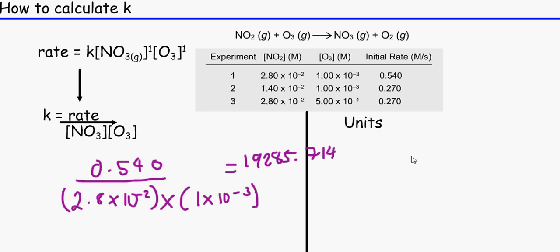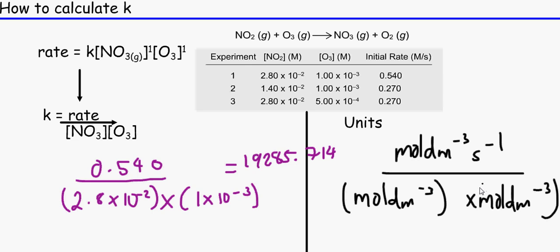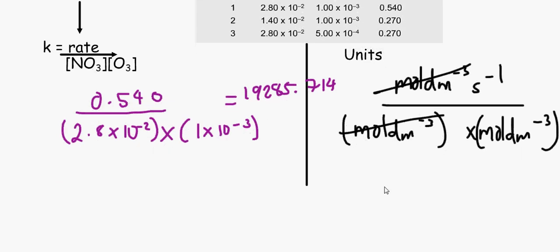To calculate the units, we need to write mole per decimeter cubed per second, because that's the rate, mol dm to the minus 3 s to the minus 1, divided by mole per decimeter cubed times mole per decimeter cubed. We can cancel this out, we can cancel that out, which leaves us with s minus 1 mole per decimeter minus 3.